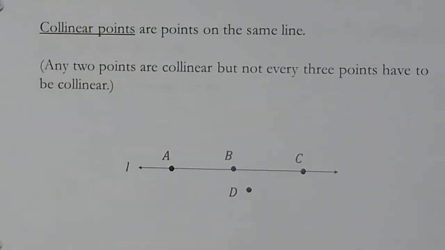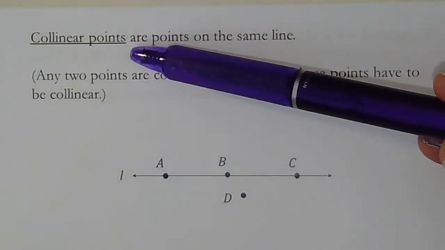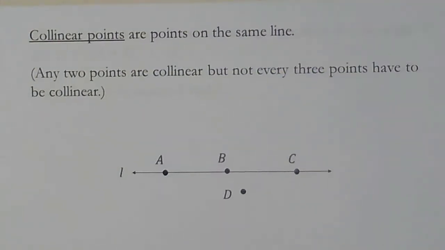Now, if I look at the definition here, collinear points are points on the same line. What that's talking about is I have to have points that all belong to the same individual line. Now, they may or may not be in a certain order, but they're going to belong to that same line.